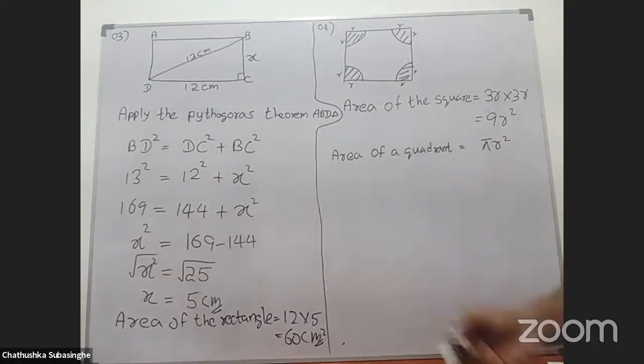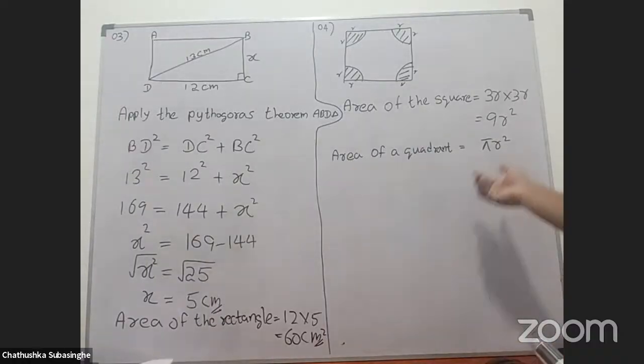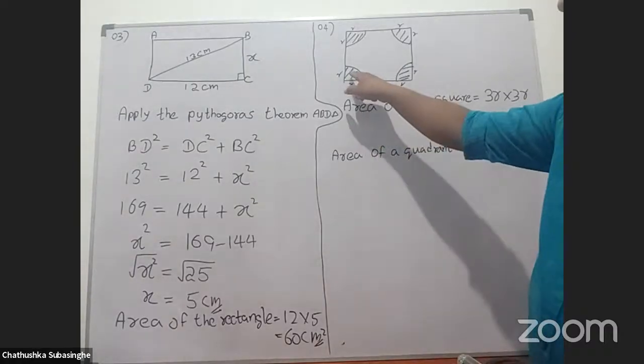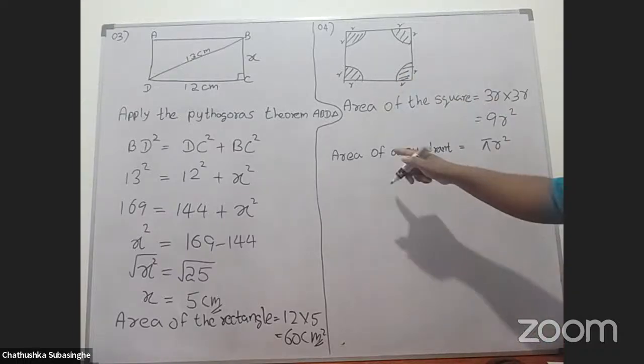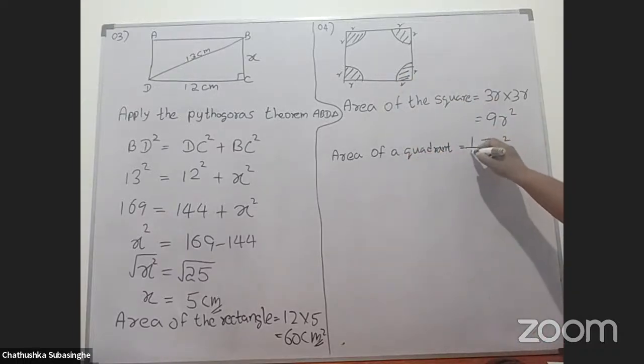It's given, even in the question it's given. Even if it is not given, in any case you know the area of a circle is pi r square. Now quadrant means quarter of a circle. So now we have only a quarter of a circle. So area of a quadrant is 1/4 of pi r square.